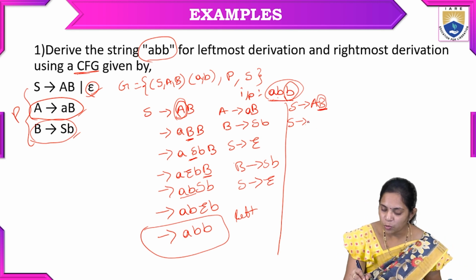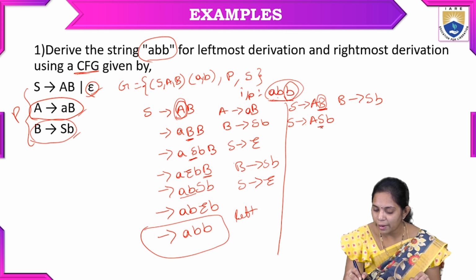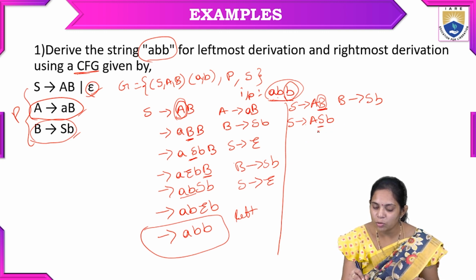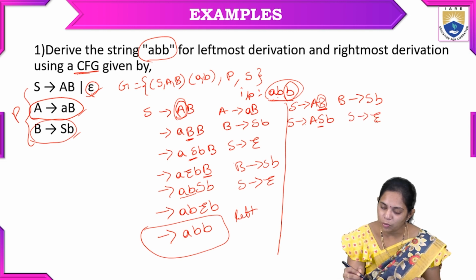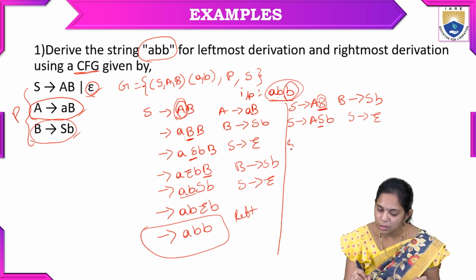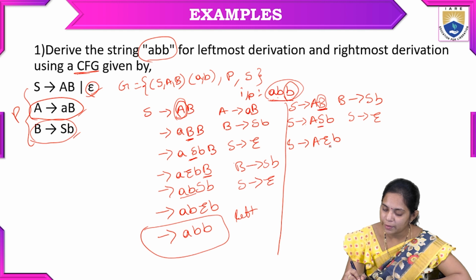B only has the production rule, so B tends to SB we have. So SB. And after this one, what do we have to replace? In the rightmost derivation, S tends to epsilon we have to write. So here S tends to A, epsilon B. So here after this one we will get S tends to AB.